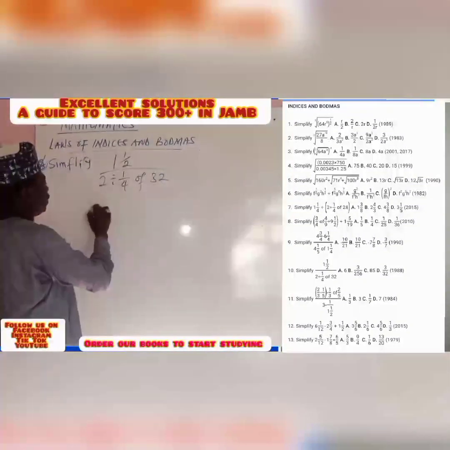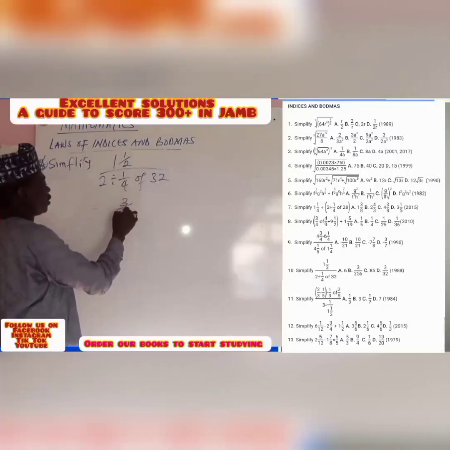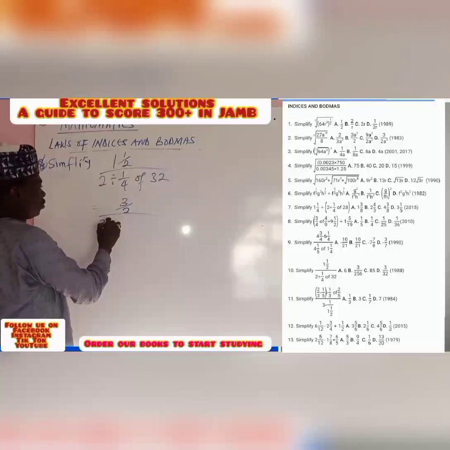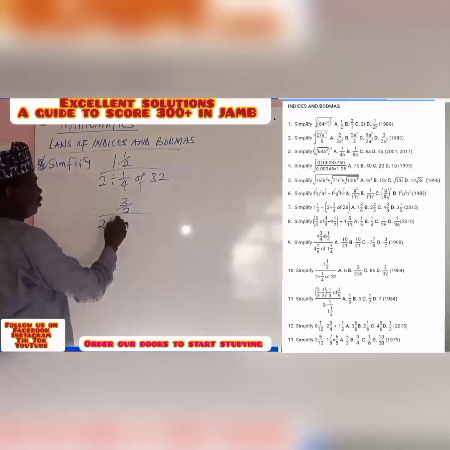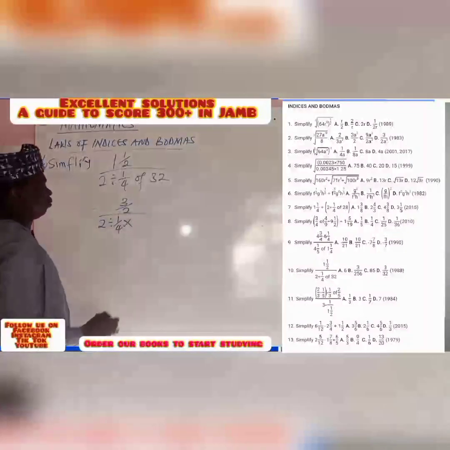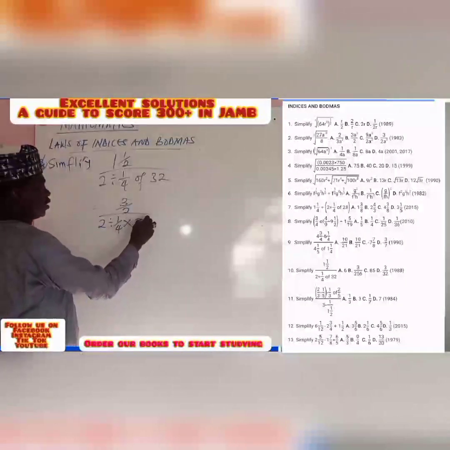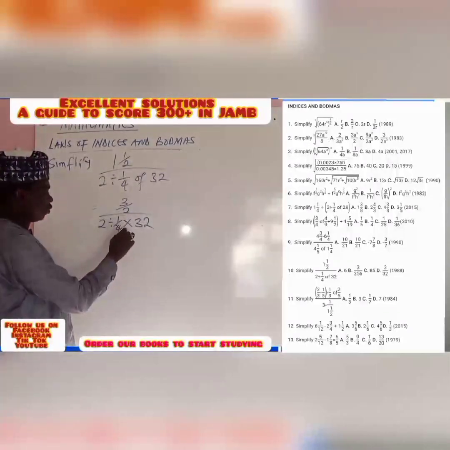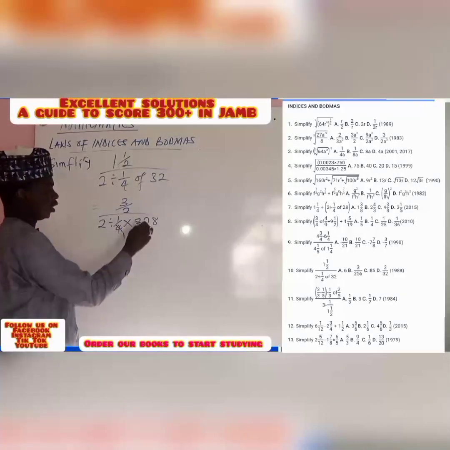So this one is equals to 3 over 2 divided by 2 divided by 1 over 4 of, which is same as multiplication, that's times 32. So one thing we do here is 4 here, 1, 4 here, we have 8.